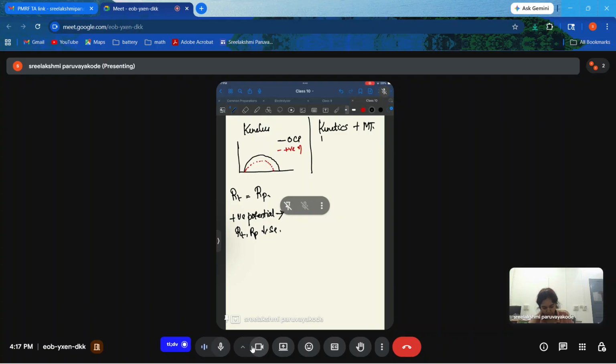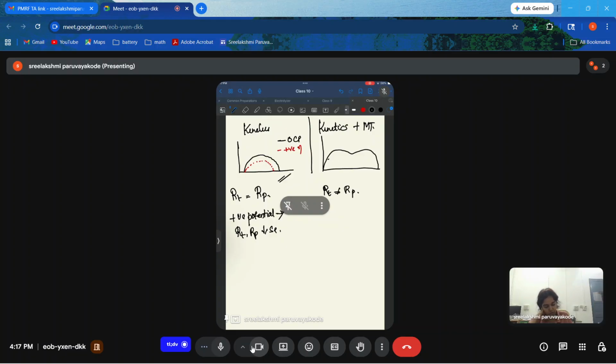Now when kinetics plus mass transfer happens, you wouldn't get a plot like this. Instead, you can get something different, meaning RT is not equal to RP.